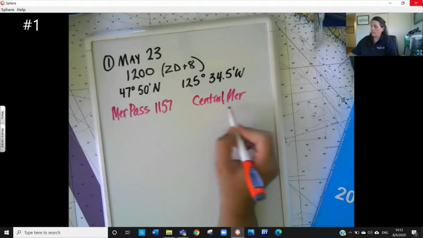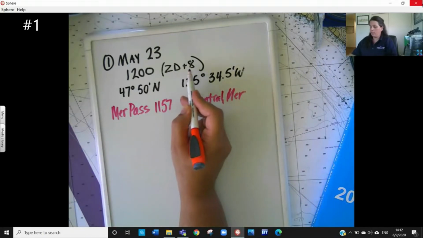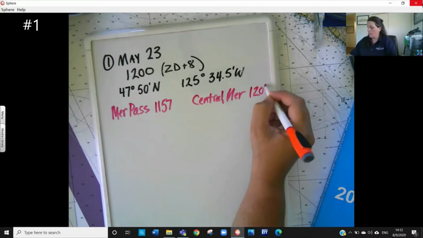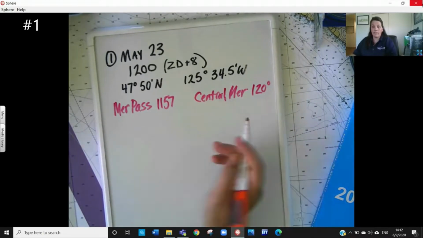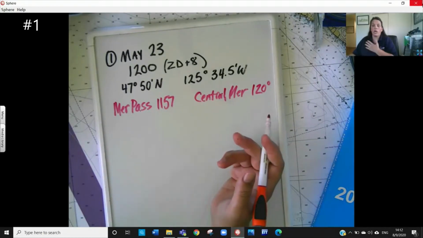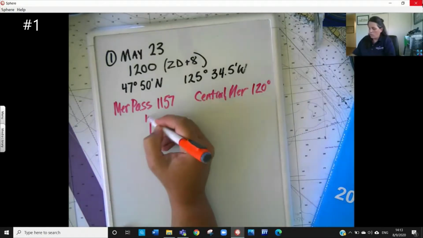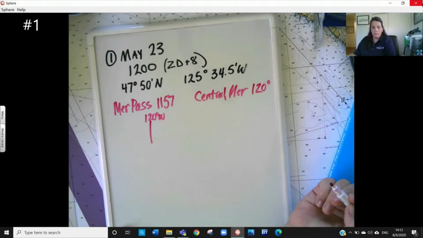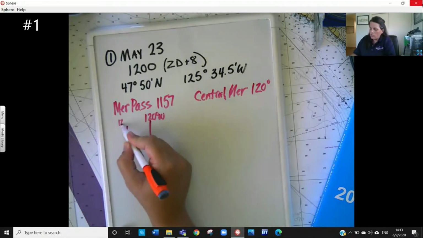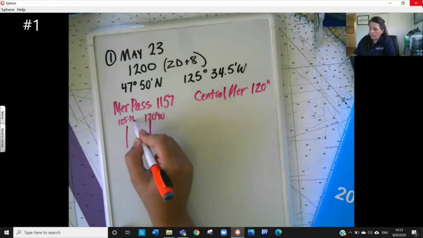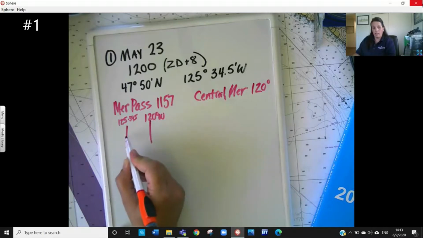So the central meridian for zone description plus 8 is going to be 120 degrees. We need to figure out where we are in relation to it and how that's affecting when the sun will pass our meridian. If we have 120 as our central meridian, and we are at 125°34.5', the sun is going to pass the central meridian and then pass our meridian.